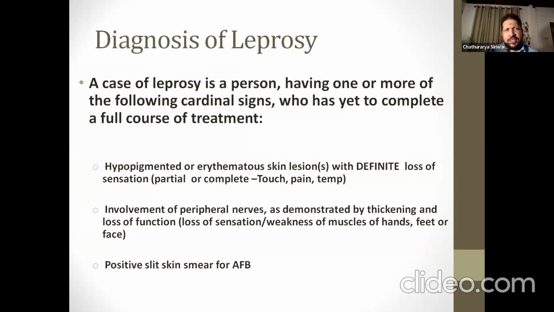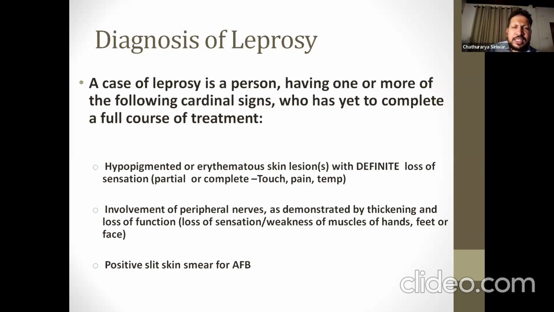So diagnosis of leprosy. Usually it's a clinical diagnosis and they should have a hypopigmented or erythematous skin patch with definite partial or complete loss of sensation. Especially on the face, don't be fooled by loss of sensation to touch, because of the rich innervation, it can be present and you might only have loss of sensation to pain and temperature.